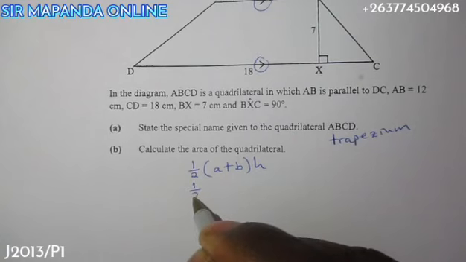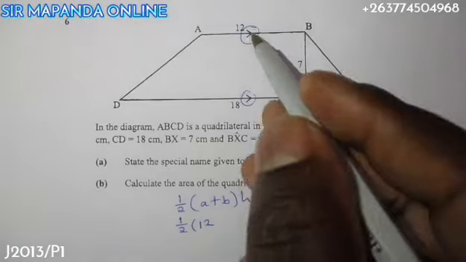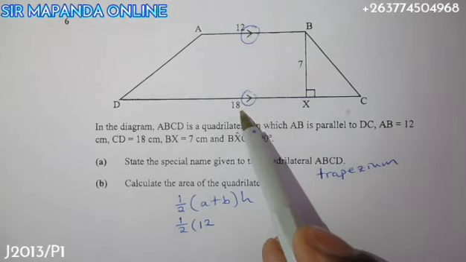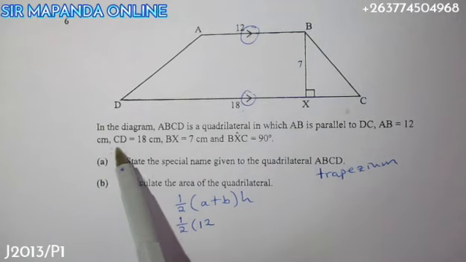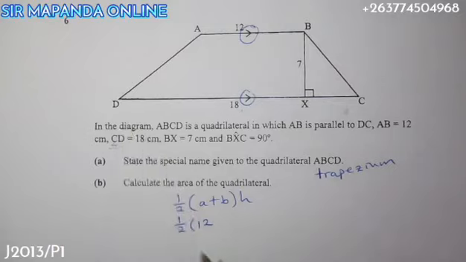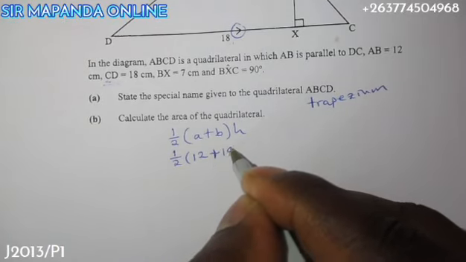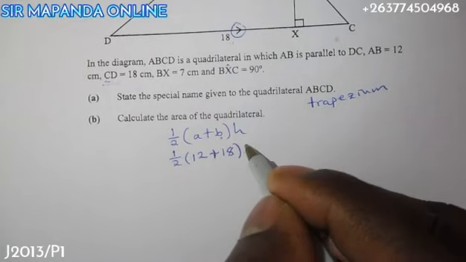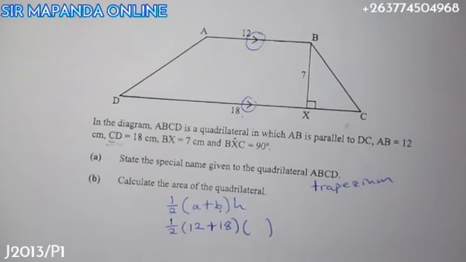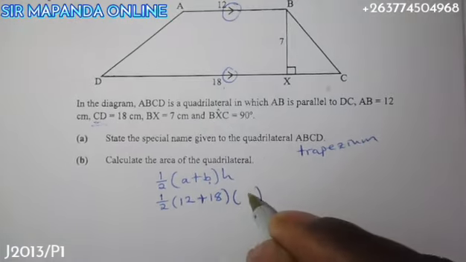So A is 12 from the diagram. 12 is your A. Then 18 centimeters is covering from C to D. So from C to D, we have got 18. So I'm going to say plus 18, which is your B. Then your height is the perpendicular distance between A and B. And this is BX, which is 7.